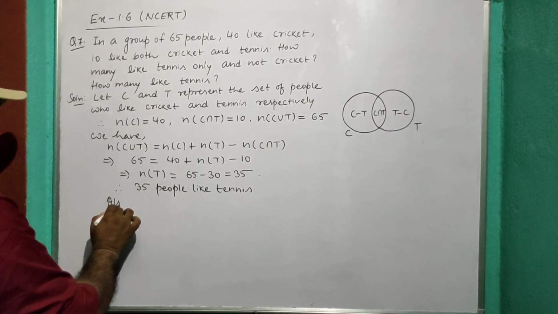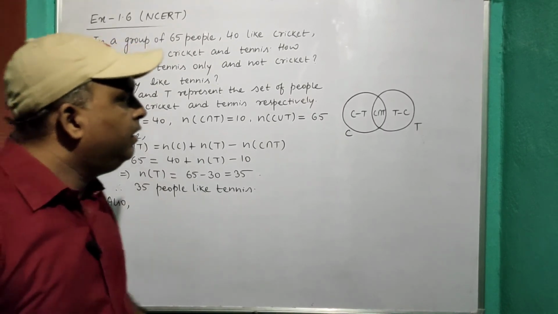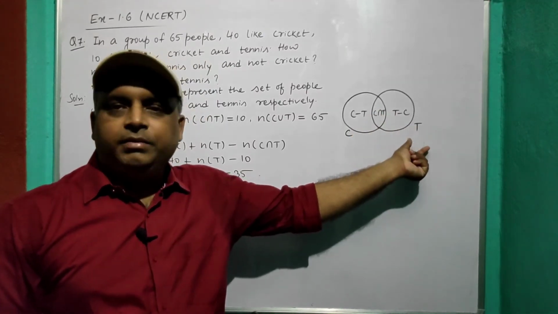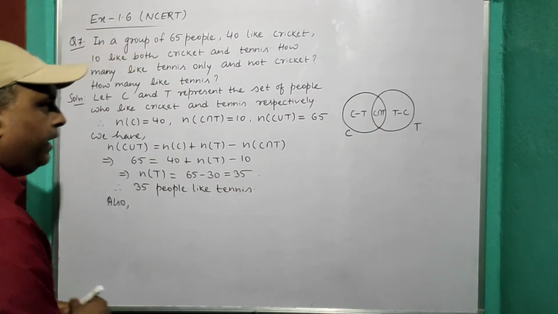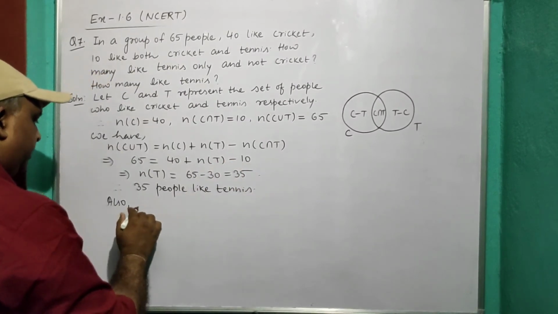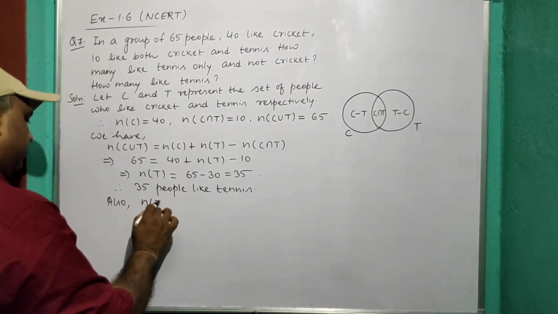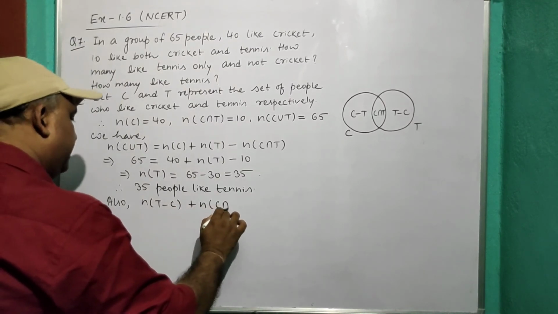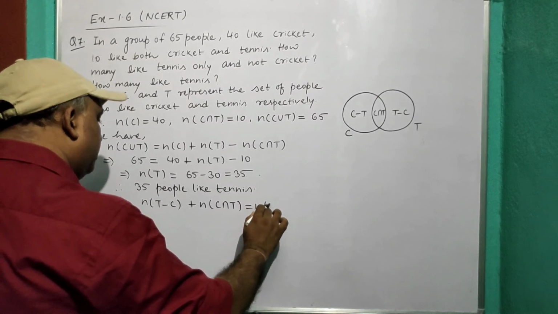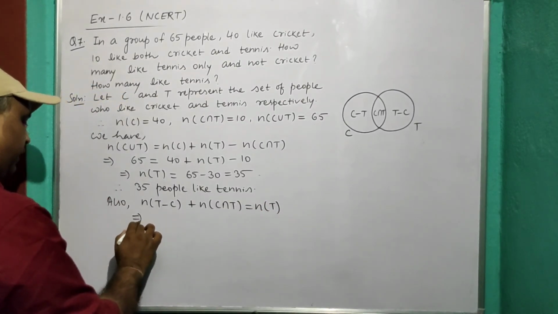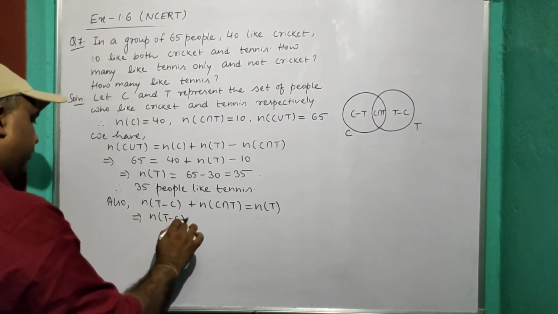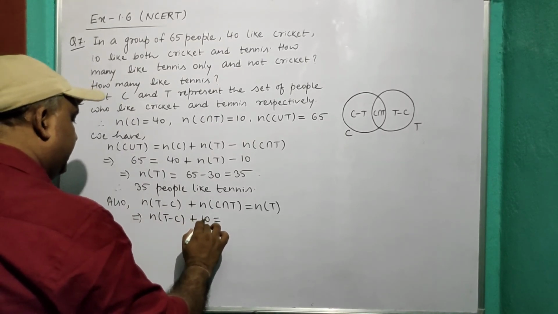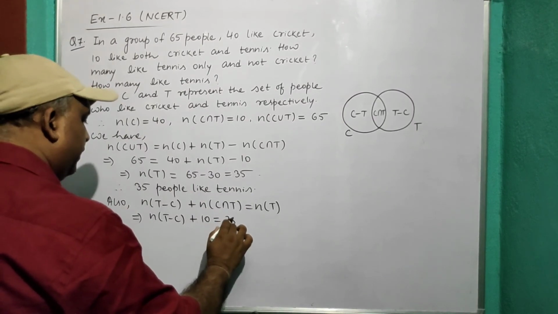Now to find T minus C, you can observe that T minus C plus C intersection T gives you the set T. We have discussed this earlier today, so from there you will write that N T minus C plus N C intersection T equal to NT. Now put the values. This intersection is given to be 10 and this NT I have calculated as 35.